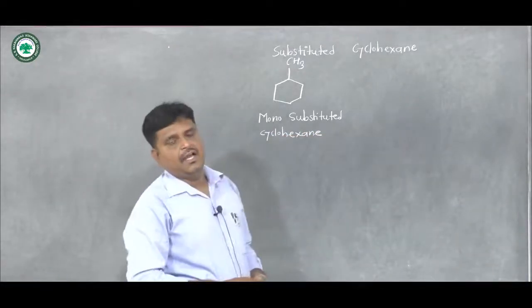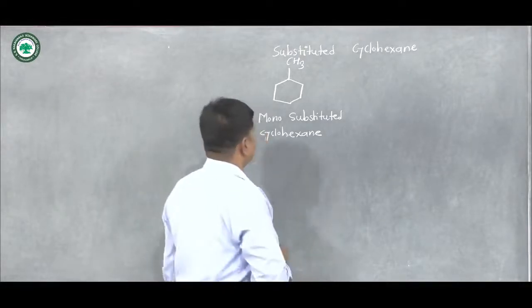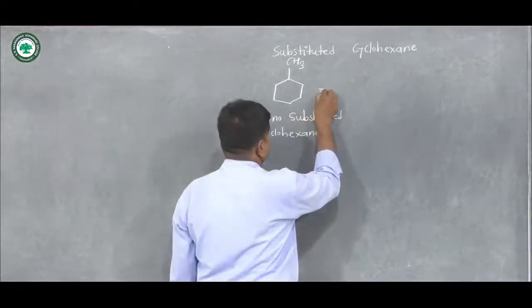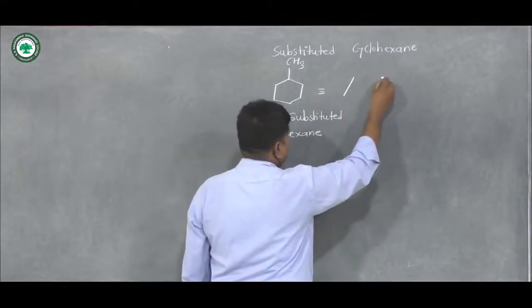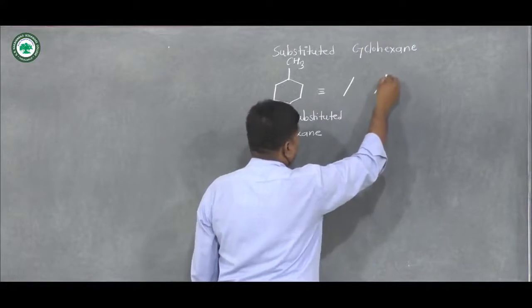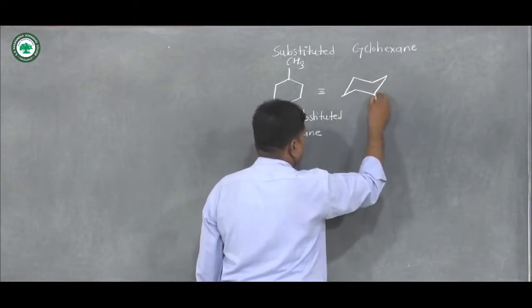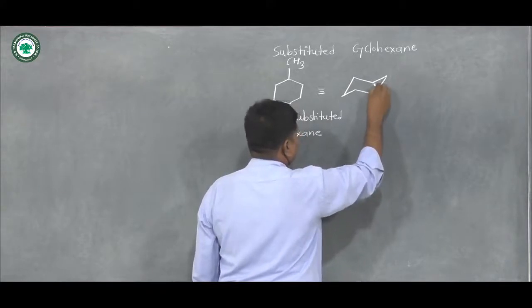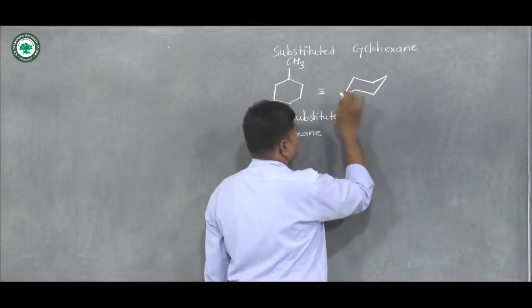In monosubstituted cyclohexane there is only one substituent, and now we try to convert that simple planar structure into the chair conformation.